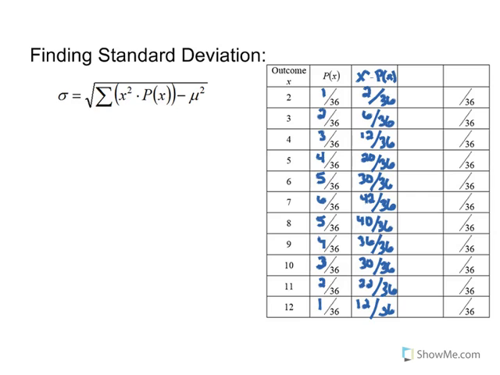All right, so to find standard deviation, we need x squared times p of x. So we're going to write down what the x squareds are. And again, x squared is coming from the x values being squared. So 2 squared is 4, 3 squared is 9.